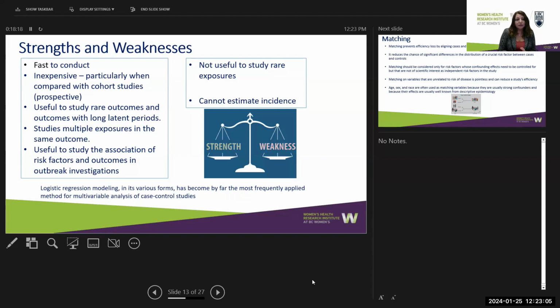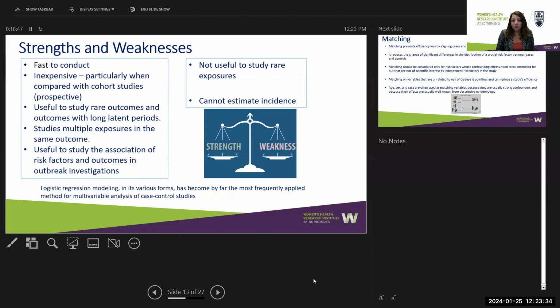It's useful to study the association of risk factors and outcome in an outbreak, when we know people with the outcome and without. So again, we can do it for rare outcomes, but it's not useful to study rare exposures.